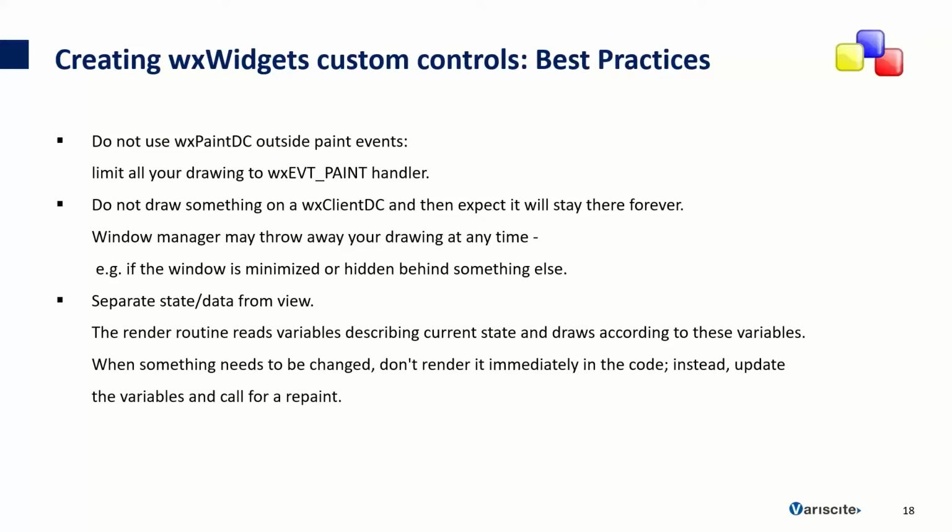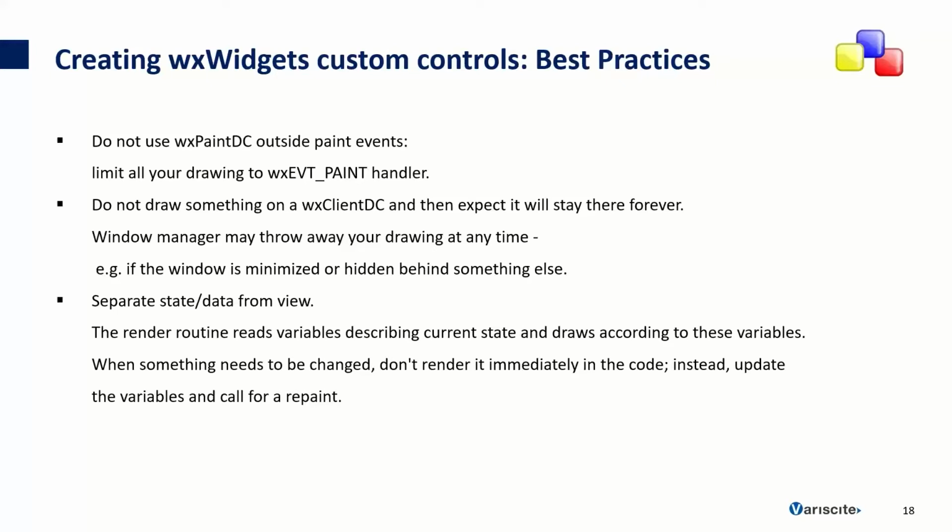And they are separated. Once something happens and the backend updates some variable that needs to be updated on the screen, the backend is supposed to somehow force a repaint, invoking a refresh that will, by side effect, create a paint event.